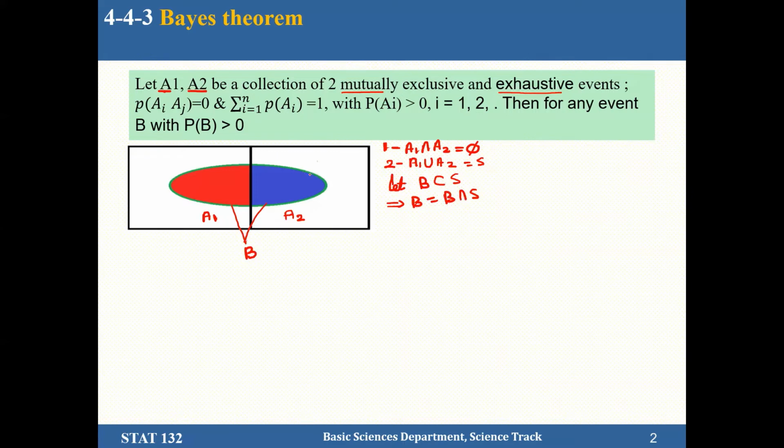So now we need to find P of B, then P of A1 given B, and P of A2 given B. Okay, so how to find P of B?